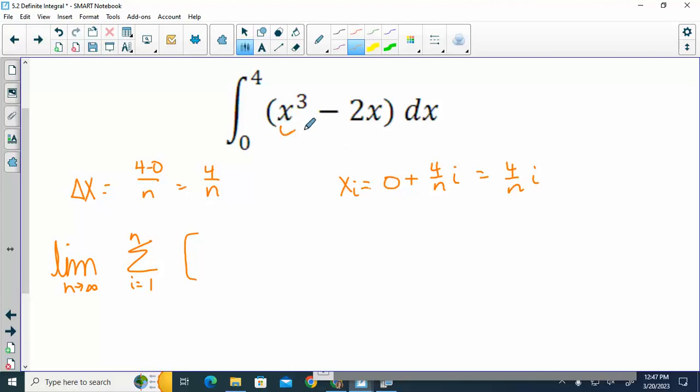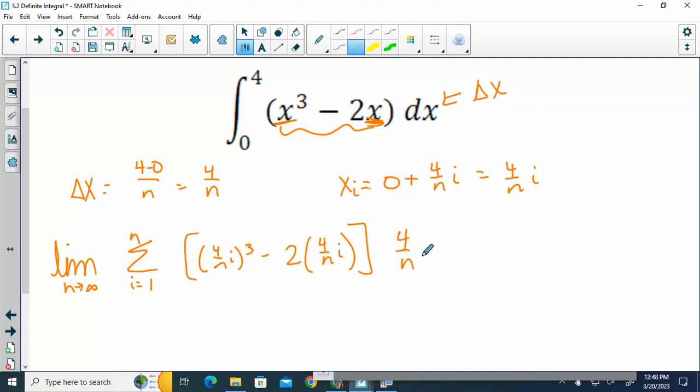Well, that's the function I'm plugging into. So for each of those x's, we're going to plug in 4 over n times i. And dx just means the change in x, which was 4 over n. So that's length times width.